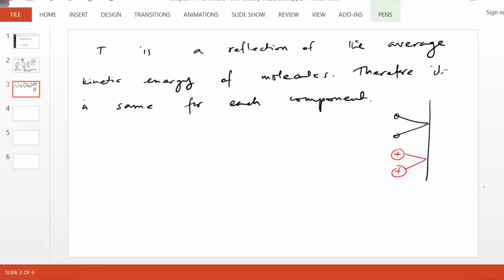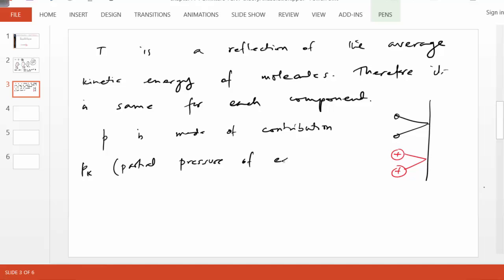So what Dalton's model says is that the pressure is made of a contribution p_k, called the partial pressure, of each component.